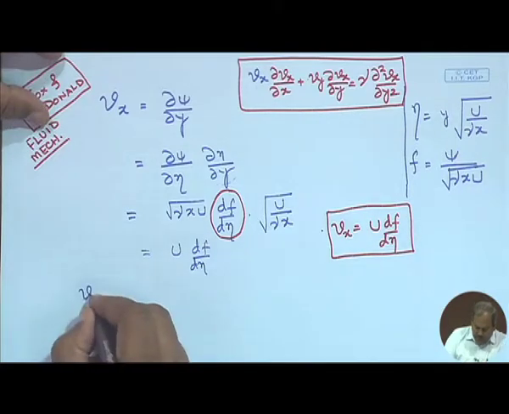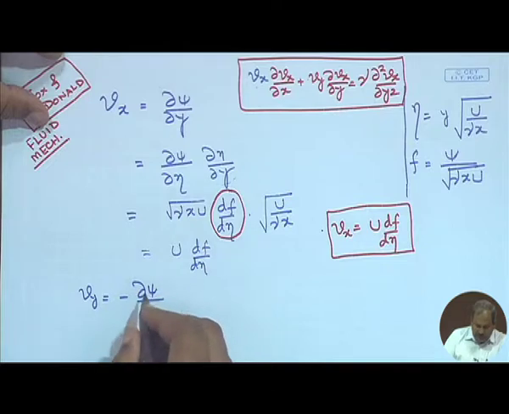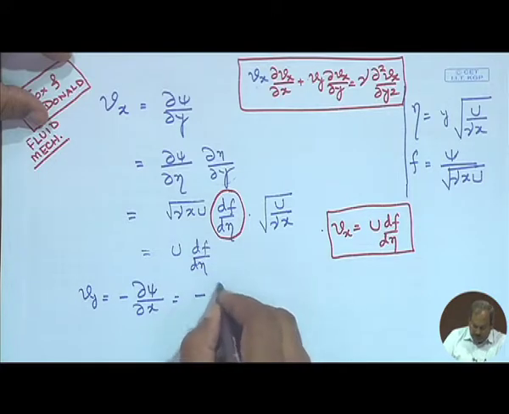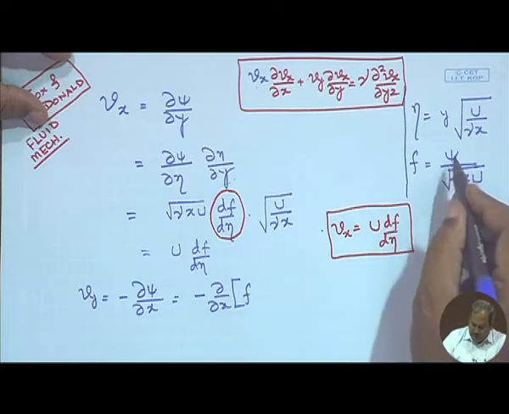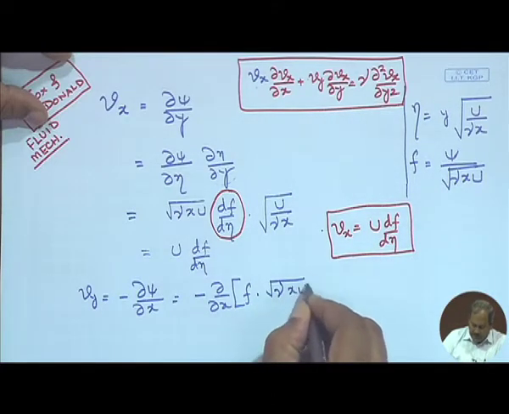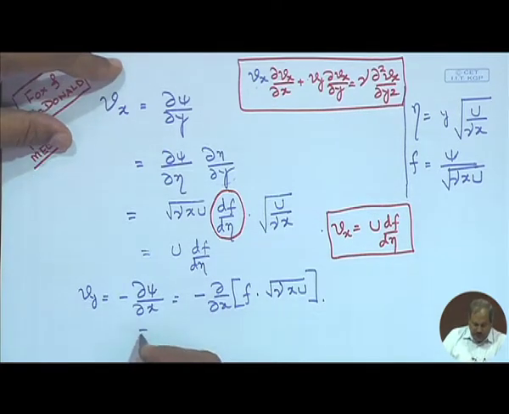Similarly, when we start with Vy, which by definition of stream function is minus del psi by del x, I can write it as minus del by del x. Instead of psi I am going to write here root nu x u times f, which can then be expanded.